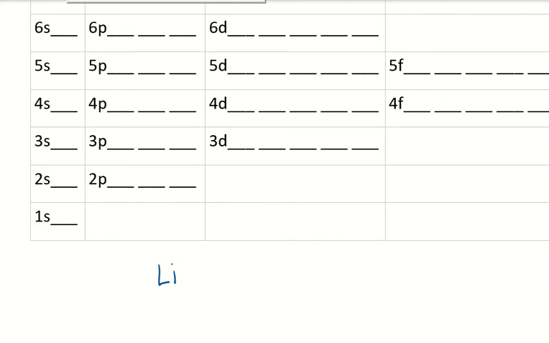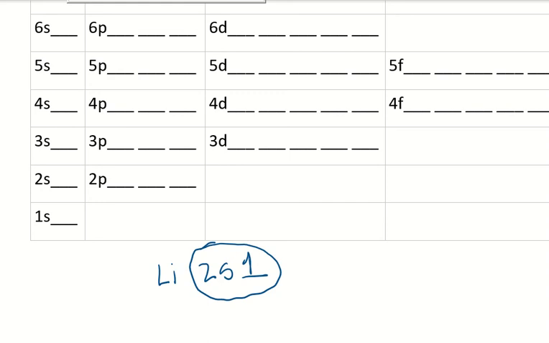H is 1s1, He is 1s2, and then it goes to 2s1. So, when I fill in up to 2s1, I know my last electron is spin up in 2s.